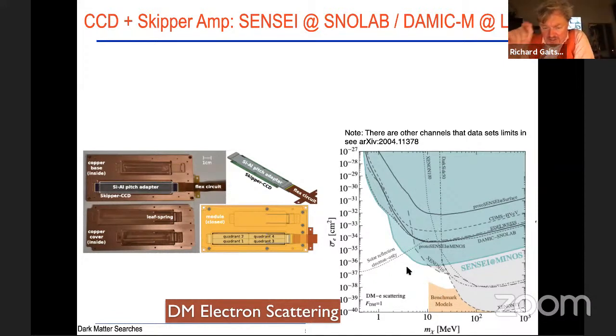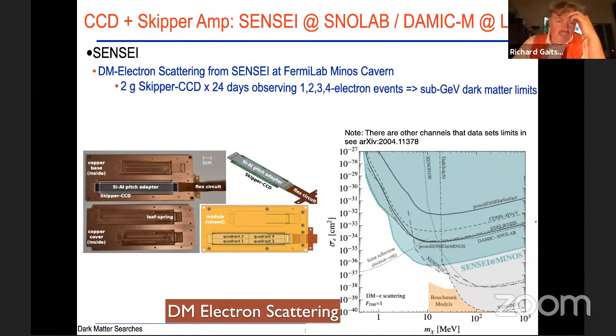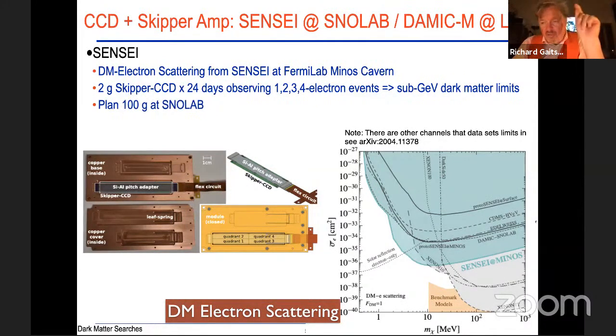Now, it should be mentioned that this is talking about dark matter interacting directly with electrons. The SENSEI results are achieved with just 2 grams of material, and they are able, through Skipper CCD, to see 1, 2, 3, 4 electrons.